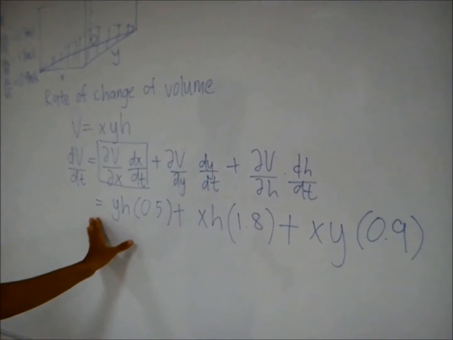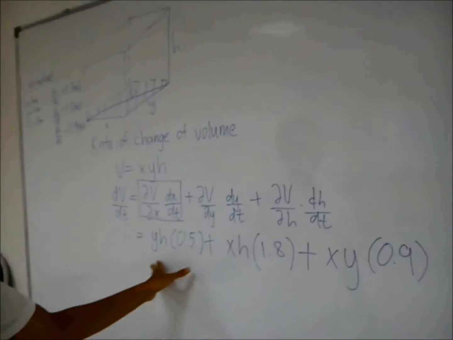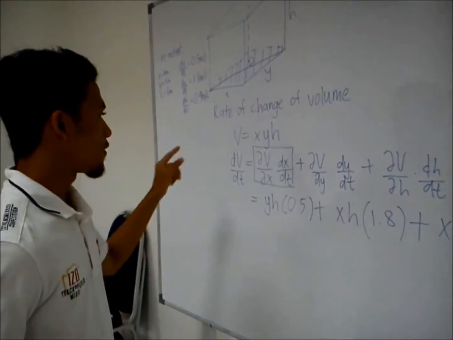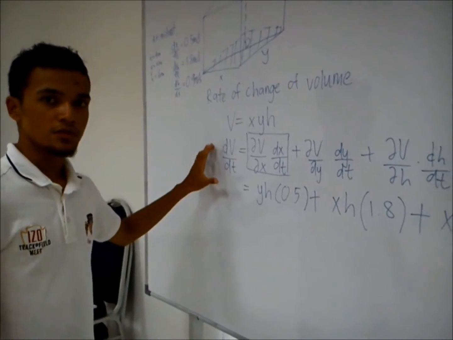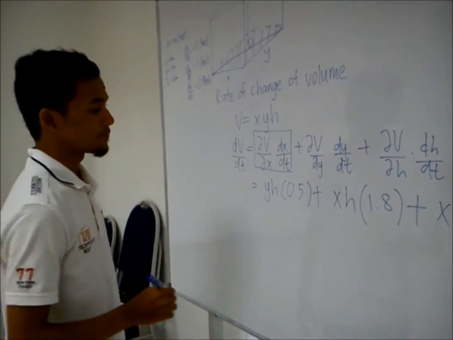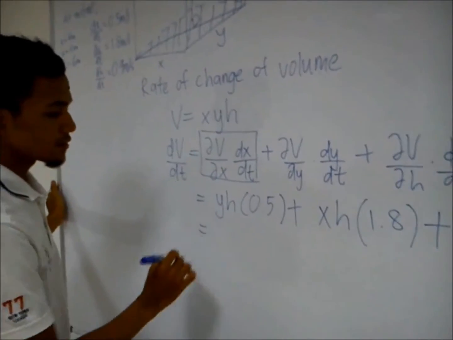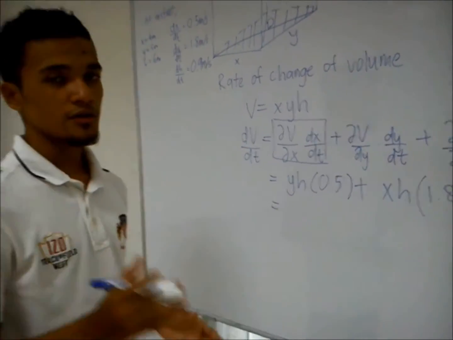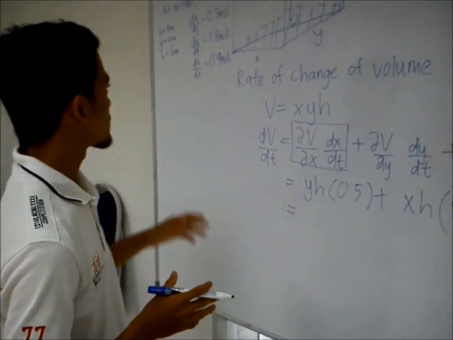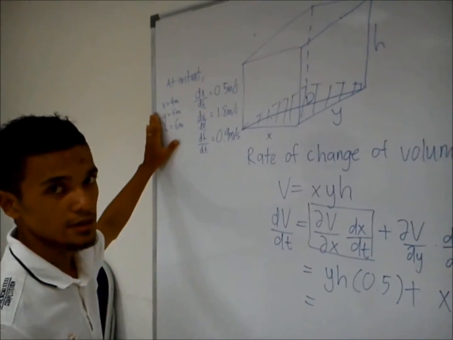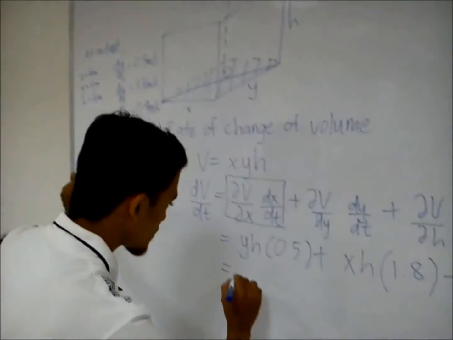So from here we have obtained the basic equation for the rate of change of the volume with respect to time. So from here we need to plug in the values of x, y and h that have been given earlier, just like before.